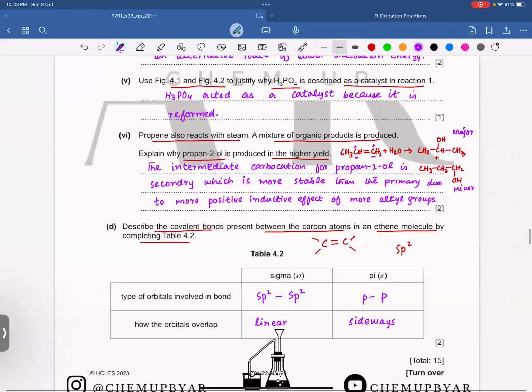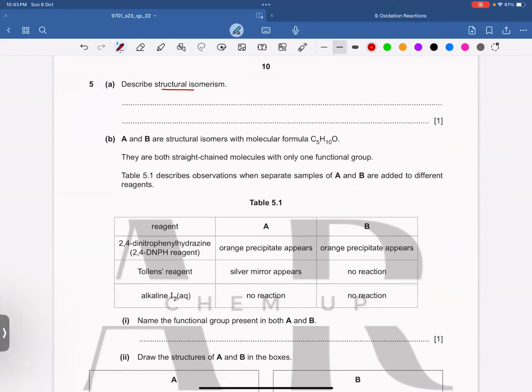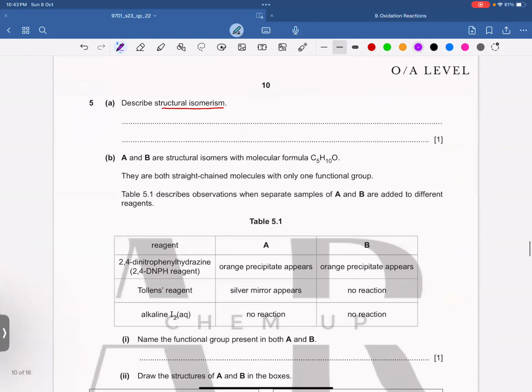Now, question number 5. Describe structural isomerism. So you have to write the definition.